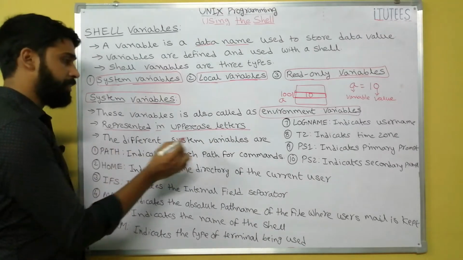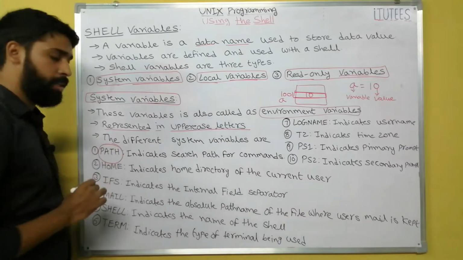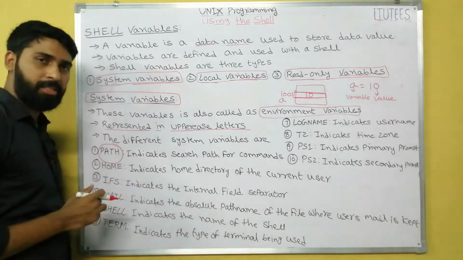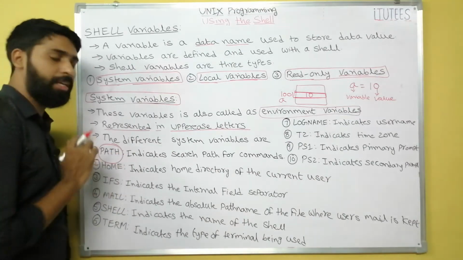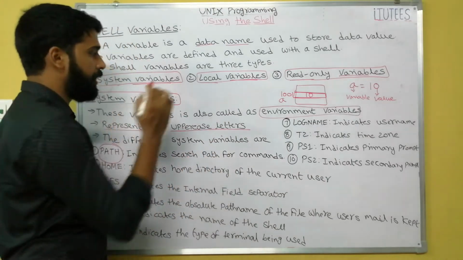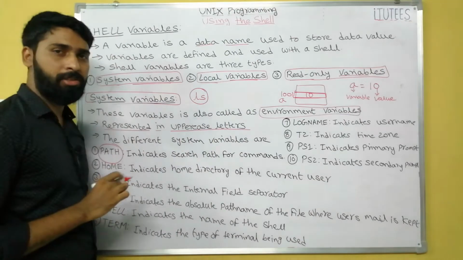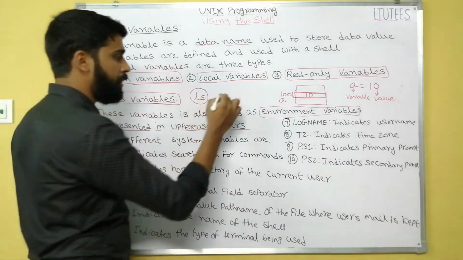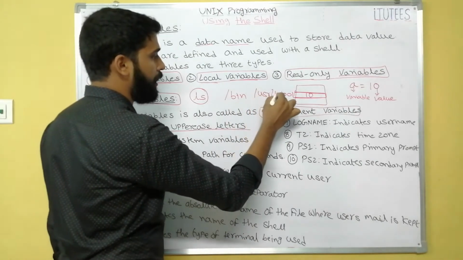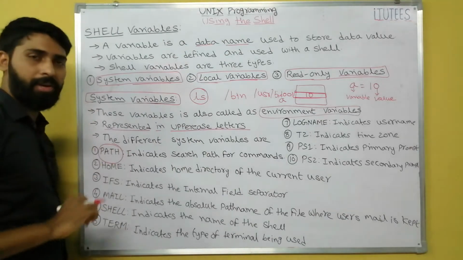The different system variables are, the first one, PATH. PATH is a system variable. We saw it in our previous classes also. What does it indicate? It indicates the search path for commands. For example, I give the command ls. ls is also a file stored in the bin directory or the user bin directory, so these are assigned to the PATH value.